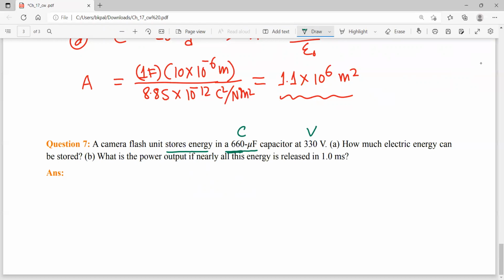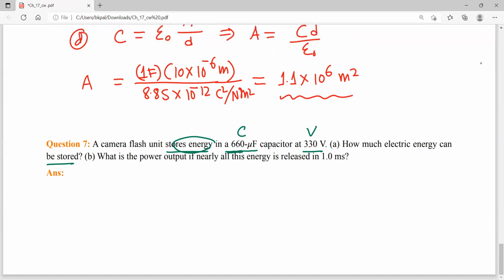So we are given the capacitance and the voltage. We have to calculate how much energy is stored in part A, and then calculate the power output if the energy is released in 1 ms, meaning millisecond.